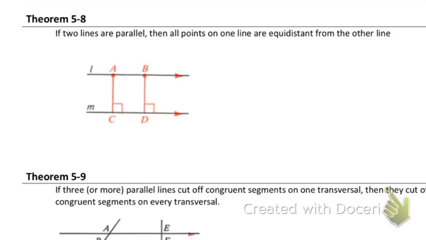Because they're completely parallel, they're always the same distance away. No matter how far we look down this line, they'll always be the same distance away. So that one isn't exactly earth-shattering. We don't use it very often either. But it builds us up to 5-9.